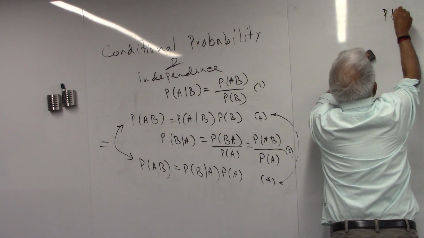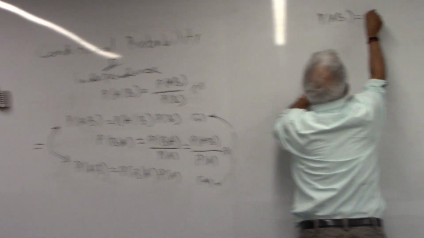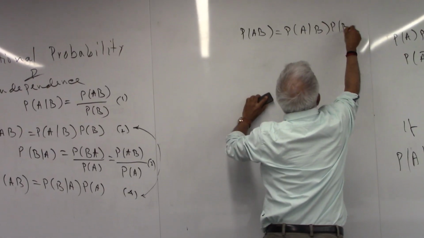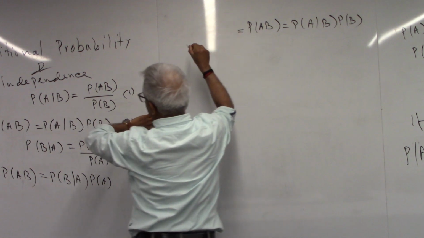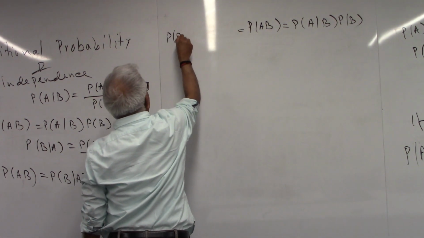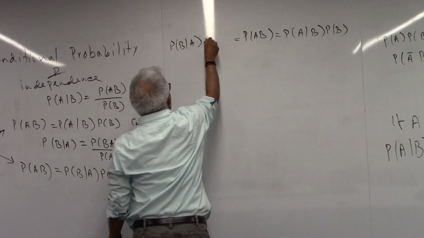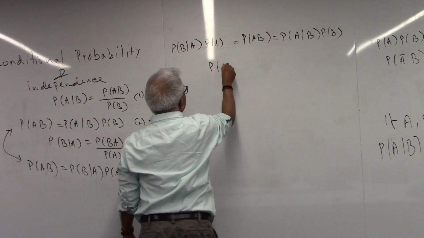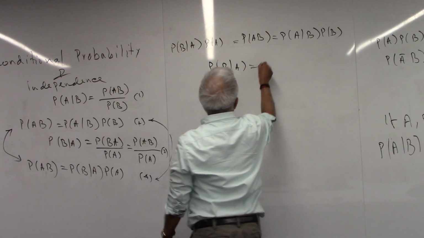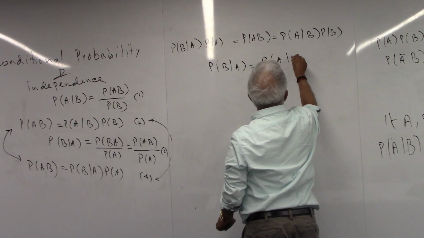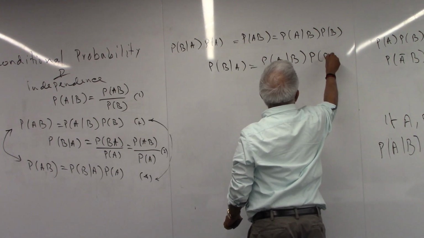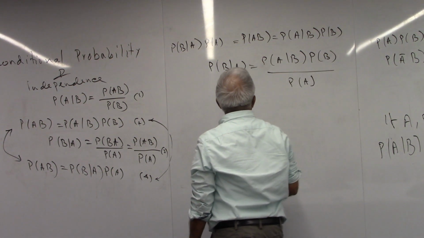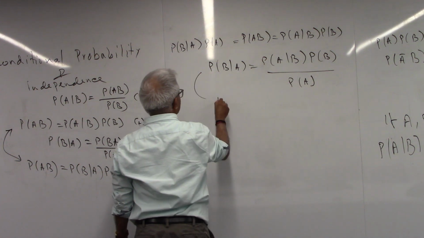We have P(A∩B) is P(A given B) multiplied by P(B), or P(B given A) multiplied by P(A). So we can rewrite this as P(B given A) equals P(A given B) multiplied by P(B) over P(A). And this one is known as Bayes' theorem.